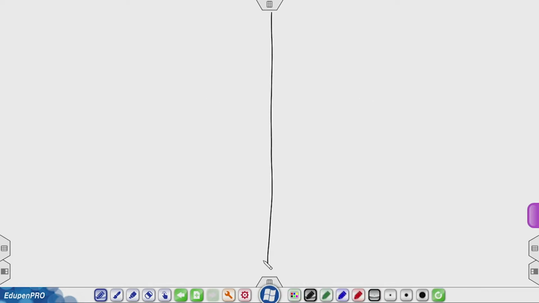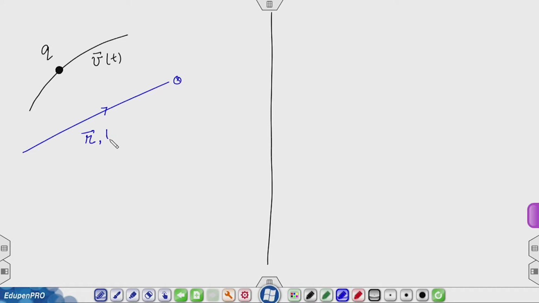What we considered in an earlier lecture was a point charge q, which is moving with velocity v(t), and we wanted to get a field at a point position r at time t. At that time, the point charge is where it is shown.